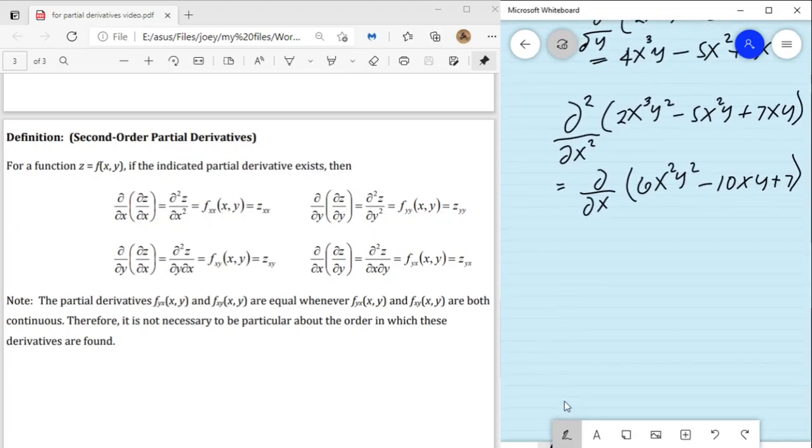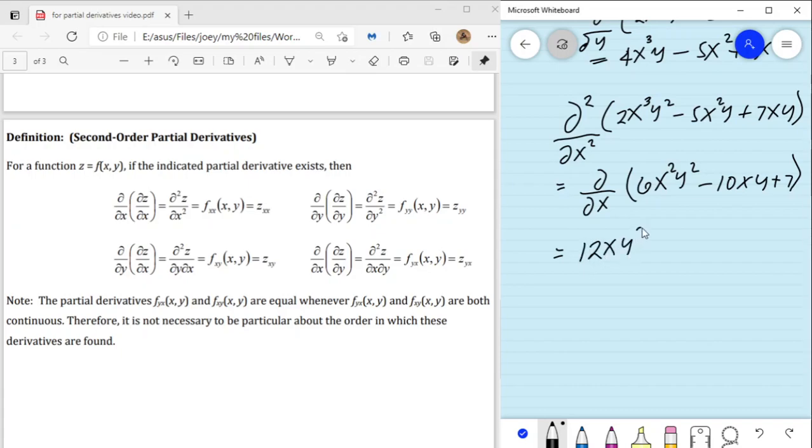We derive with respect to x, so y squared is held constant. So the answer would then be 12xy squared for the first term. Second term, 10y will be constant, so we'll have minus 10y. Then the derivative of a constant with respect to x is just 0. So this will therefore be the second partial derivative of the expression with respect to x.